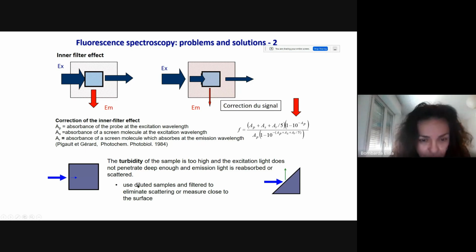So we can use diluted samples, as I said, to eliminate filtering, to eliminate scattering of the other molecules, or to measure close to the surface, as in this case. So that, in extreme cases, can also be done.